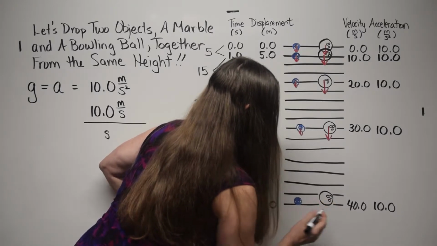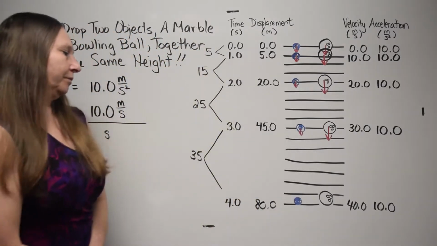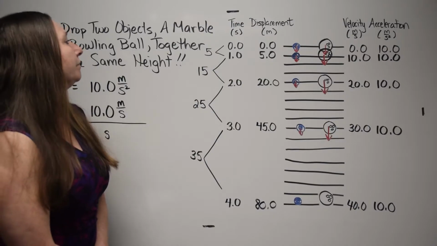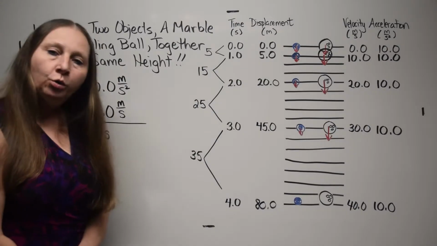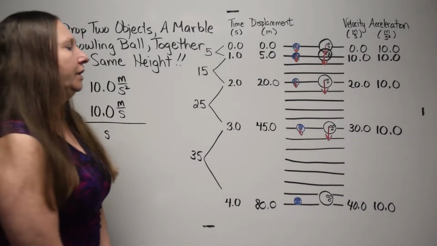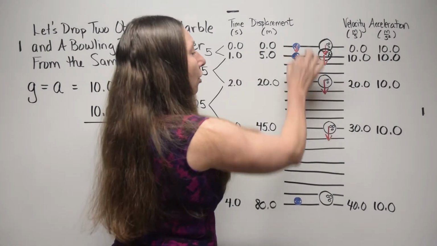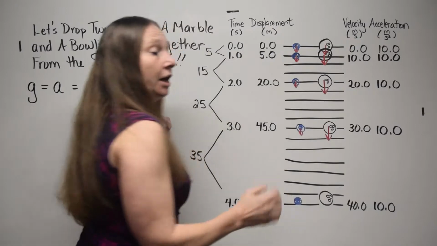Okay? So there we are. All right. So we see when an object is in free fall, when the only force on the object is the force of gravity, the Earth pulling the object down, we see that the acceleration does not change.